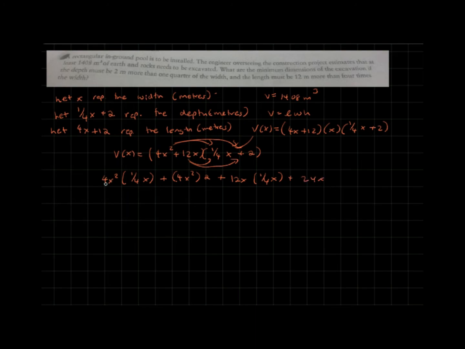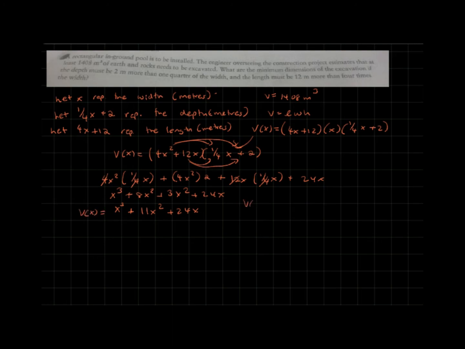Now 4x squared times 1/4 x is basically x cubed, because the 4's cancel out, and you get 8x squared plus 3x squared, since 12 divided by 4 is 3x squared, plus 24x. Collect the like terms, so you get x cubed plus 11x squared plus 24x. Now this is your volume as a function of x.